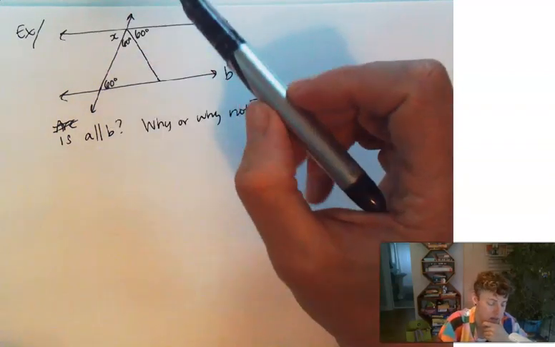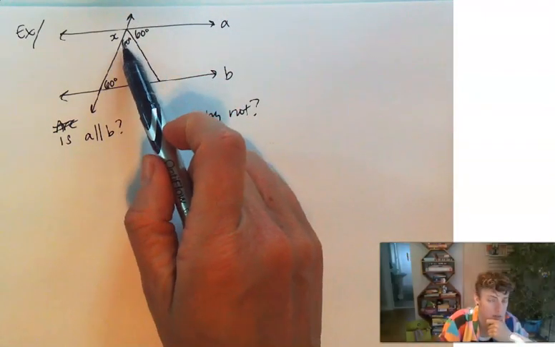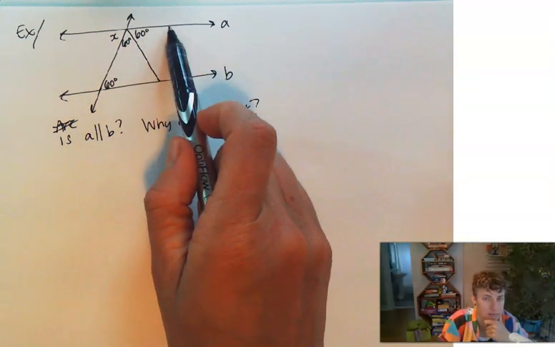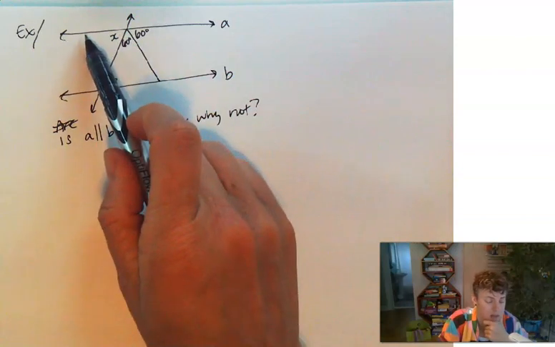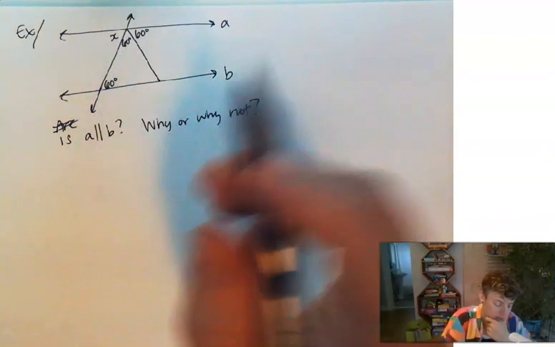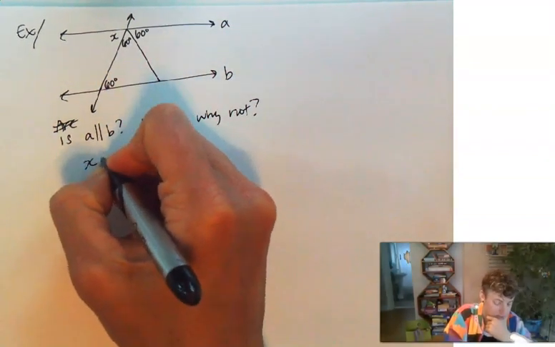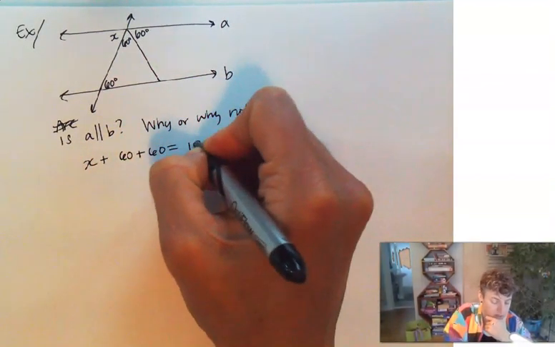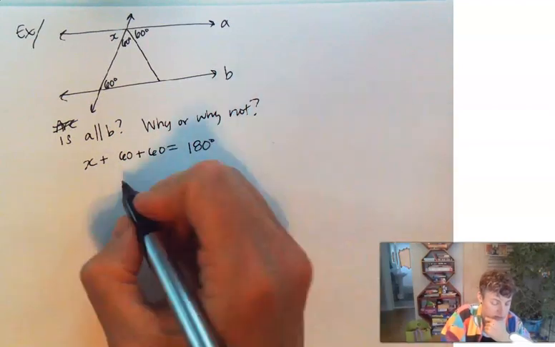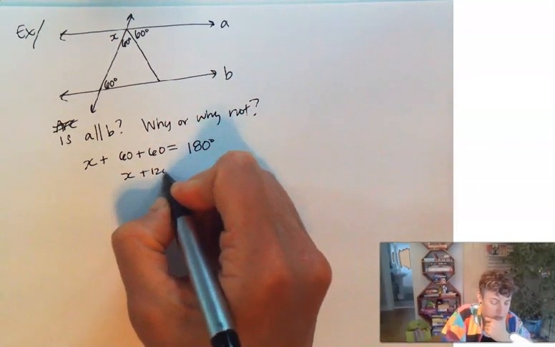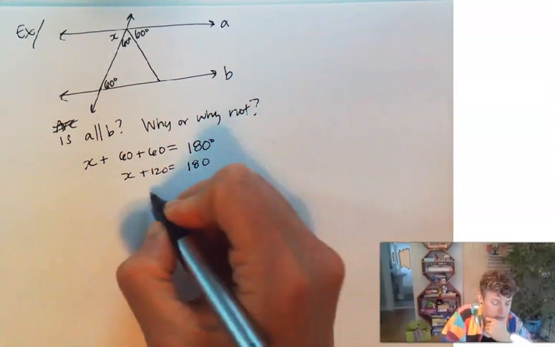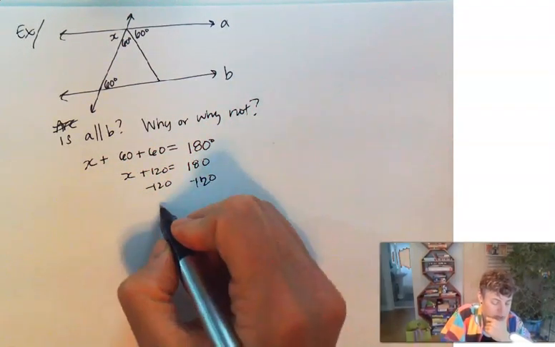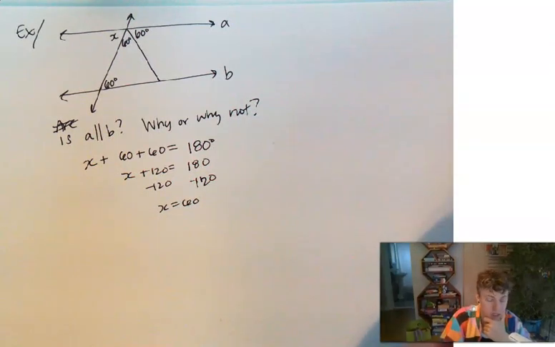All together, those three angles make the straight line A. And a straight line is 180 degrees, so we could say that x plus 60 plus 60 equals 180 degrees. So that means x plus 120 equals 180 degrees, which means x equals 60 degrees.